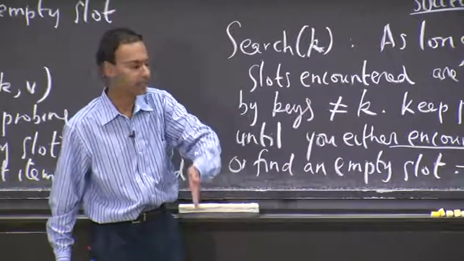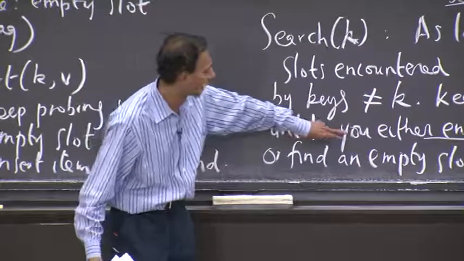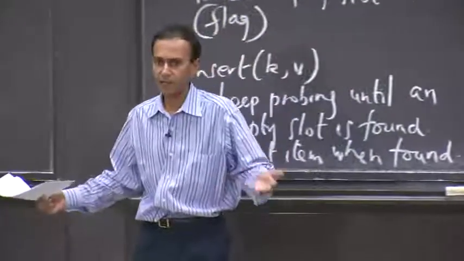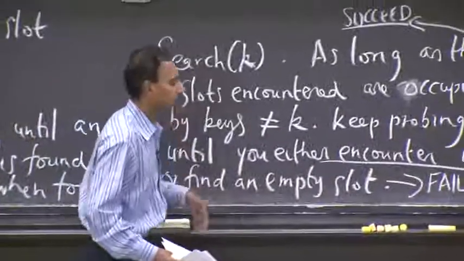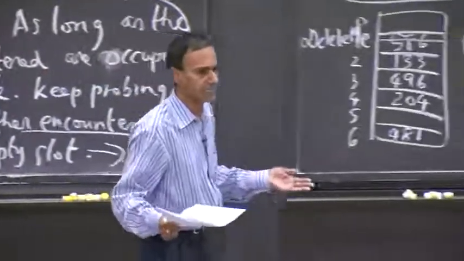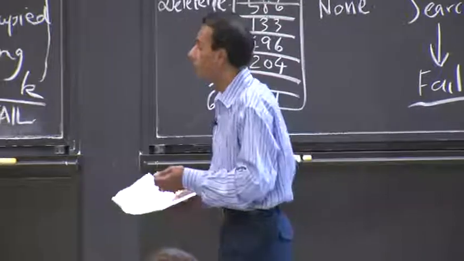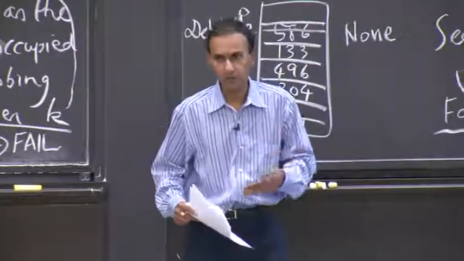That's the important thing. So I guess it does change, because I assumed that you have only 2 cases here, but what you really have now are 3 cases. The 3 cases when you're doing the search are that you encounter the key, which is the easy case, and you return the value. Or you could encounter a delete me flag, in which case you keep going. Okay?